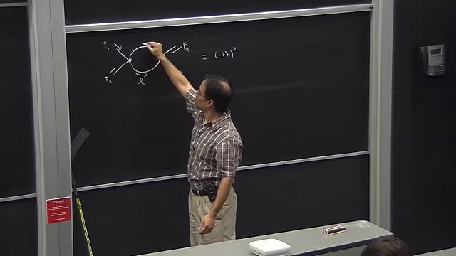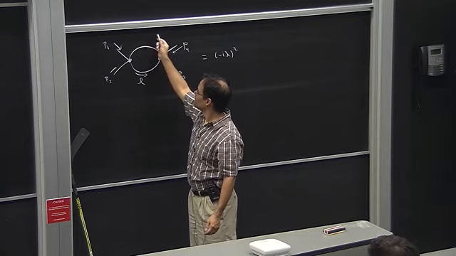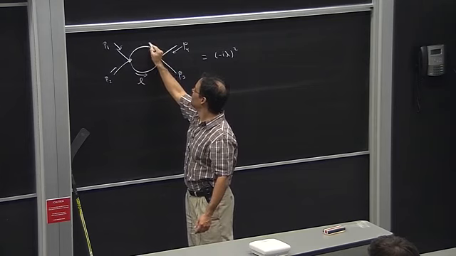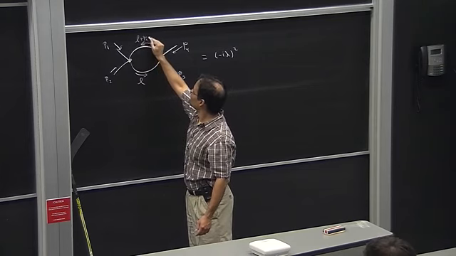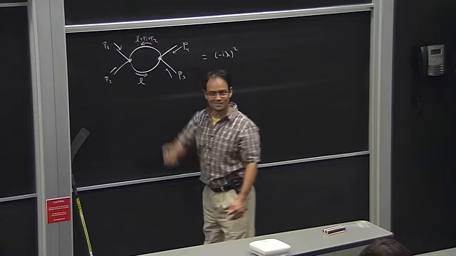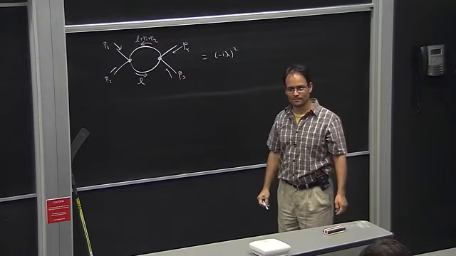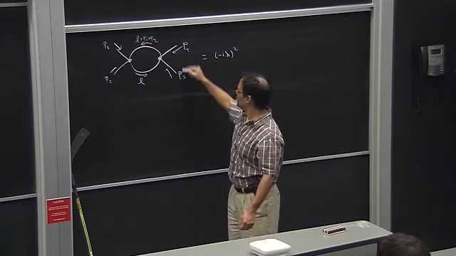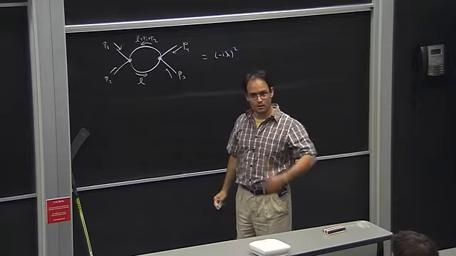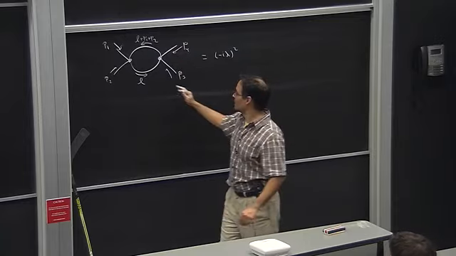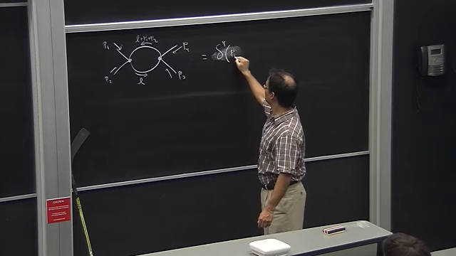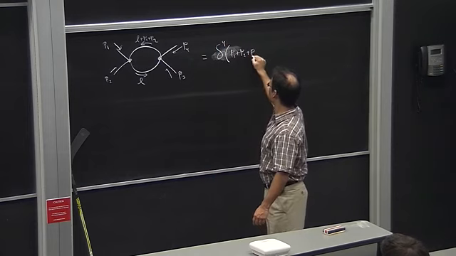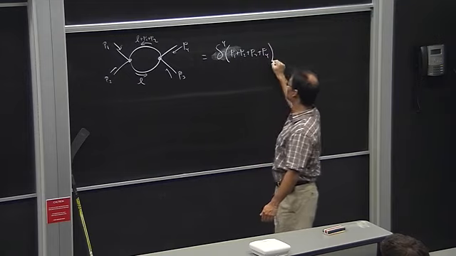So what would be this momentum here? If we define it to go in that direction, it would be L plus P1 plus P2, right? This one would be P4 and this one would be P3. Of course, none of this will make sense unless we remember that there is a delta function that tells us that P1 plus P2 plus P3 plus P4 is equal to 0.